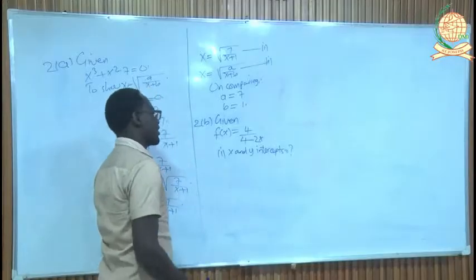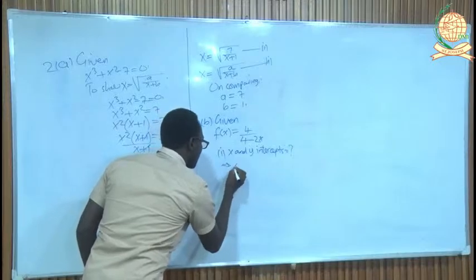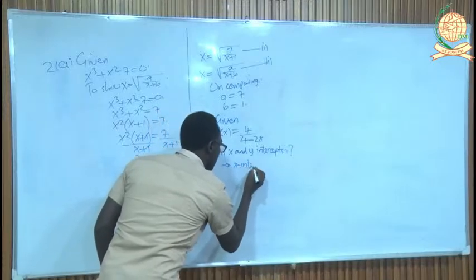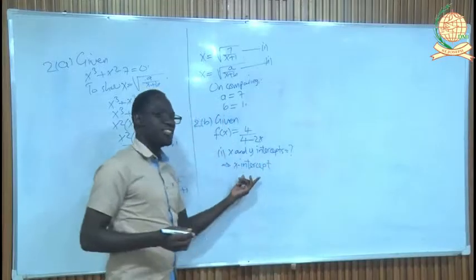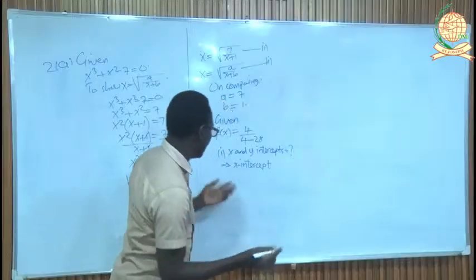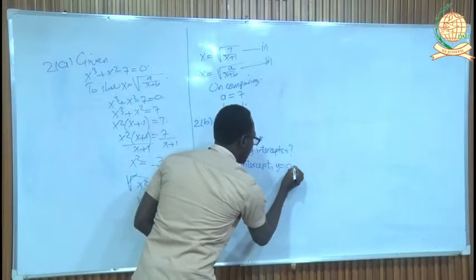Now let's start with x-intercept. Yeah, x-intercept is the value of x obtained when y is equal to 0. So for the x-intercept, y equals 0.